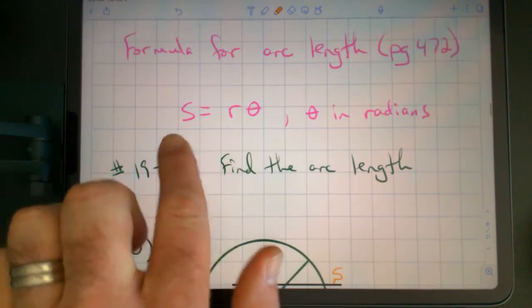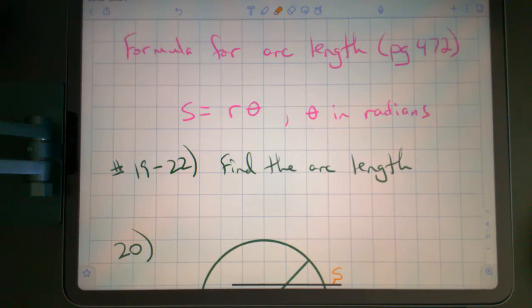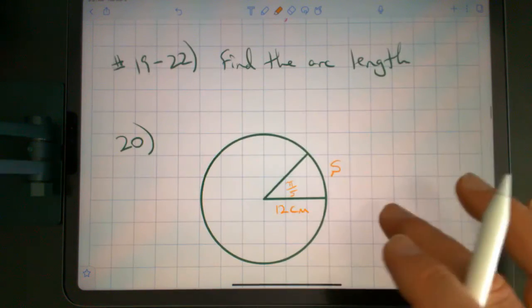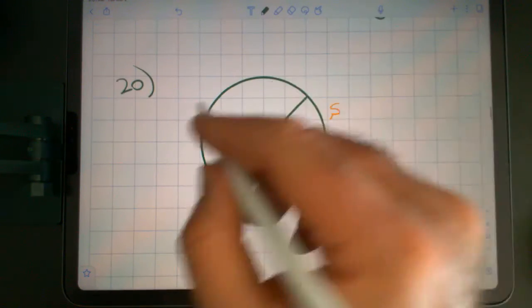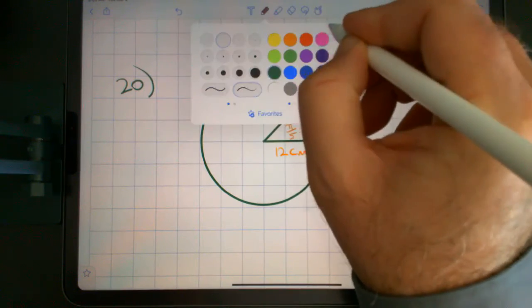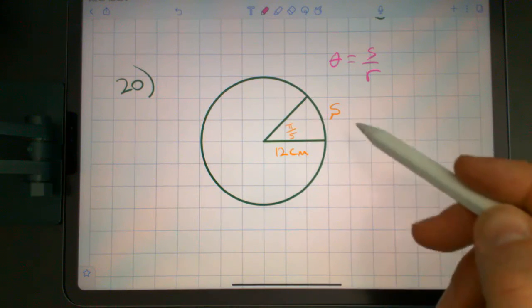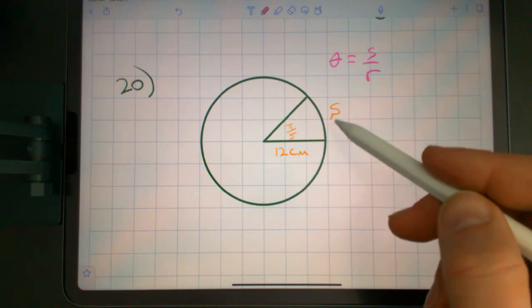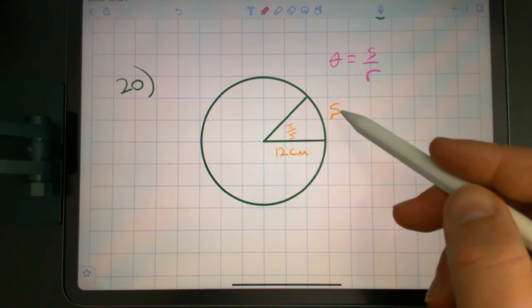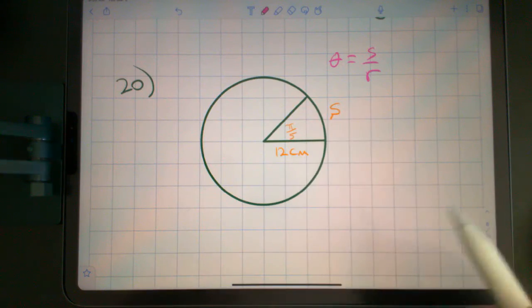For these ones, find the arc length S in each case. With these, we'll still have theta equals S over R, except now we're just missing this S. I sometimes add that little hook at the bottom of the S to show it's an S, not a 5.